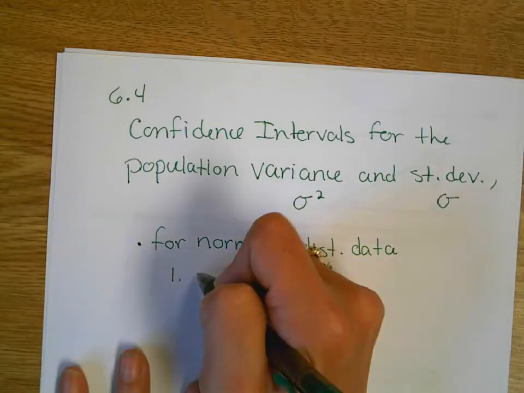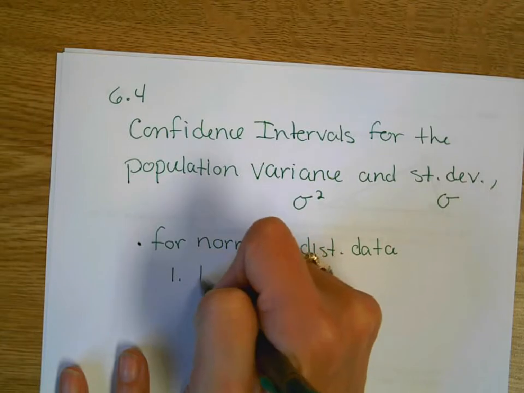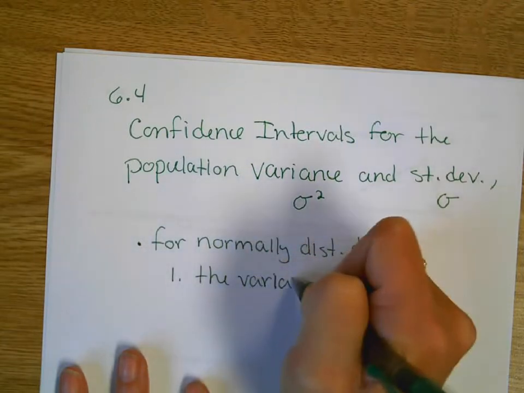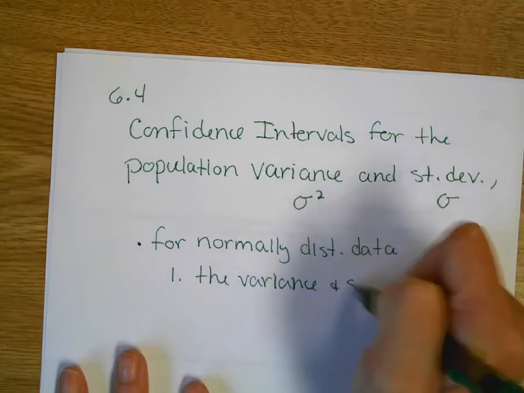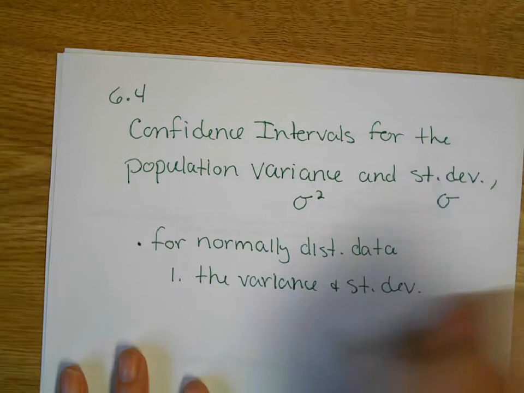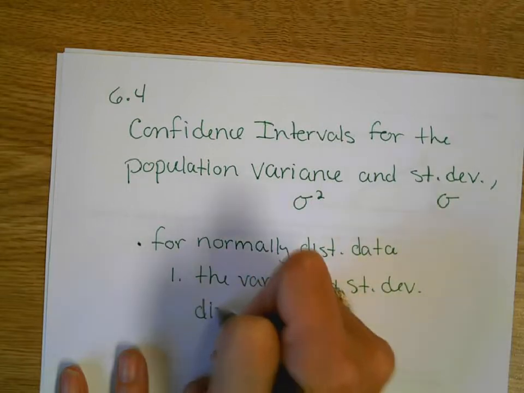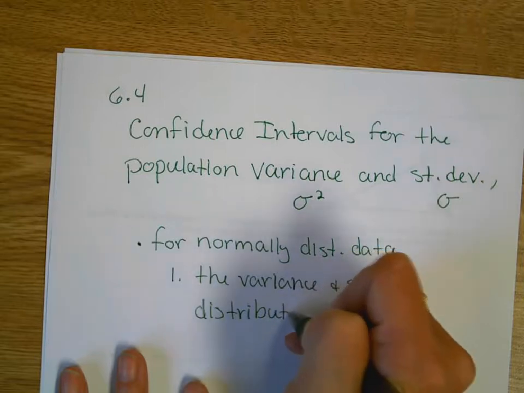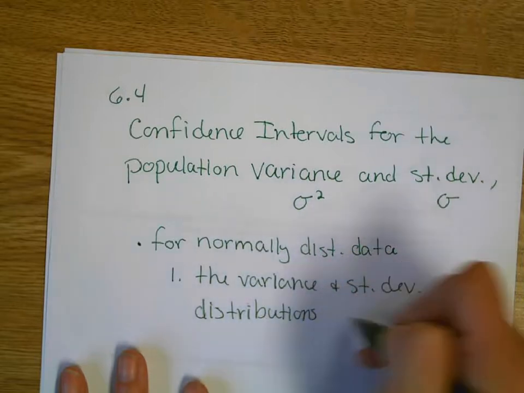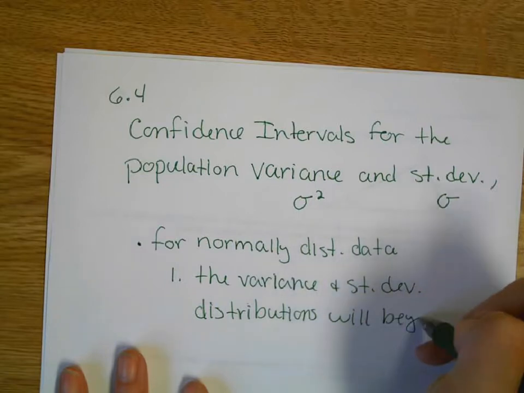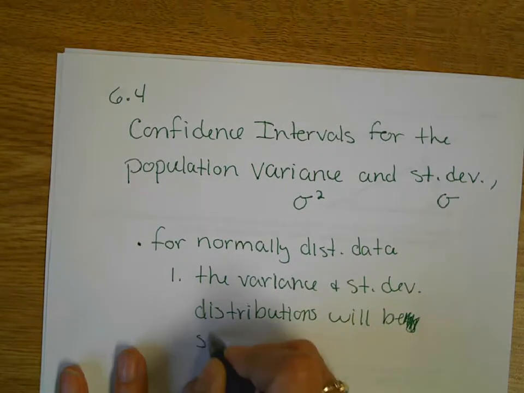So the first thing is that the variance and standard deviation distributions will be skewed right.